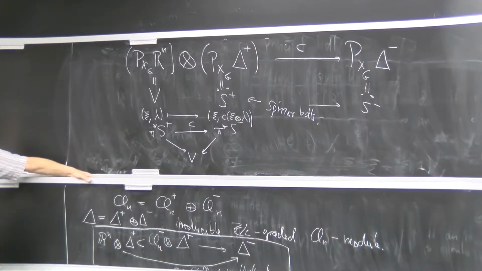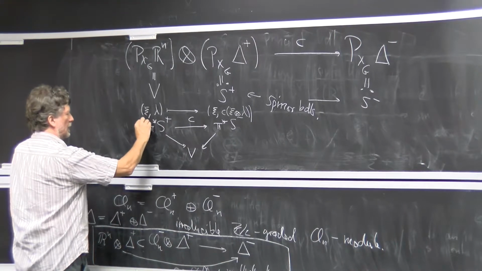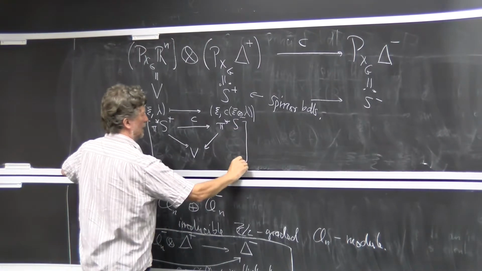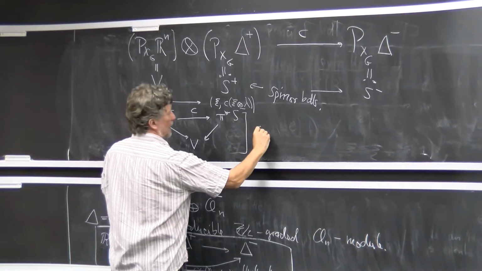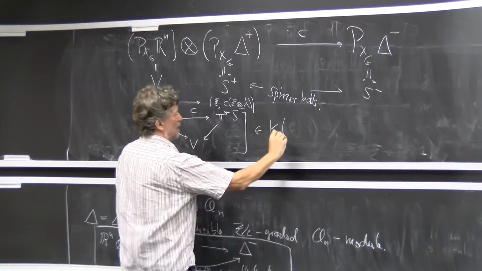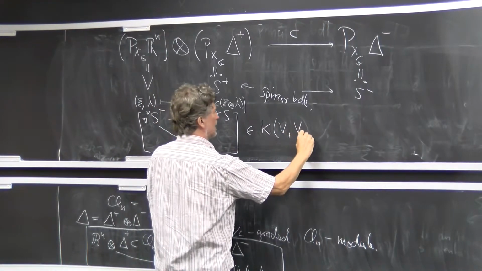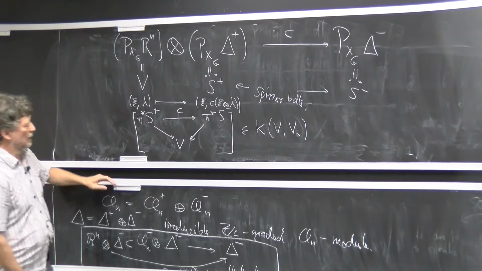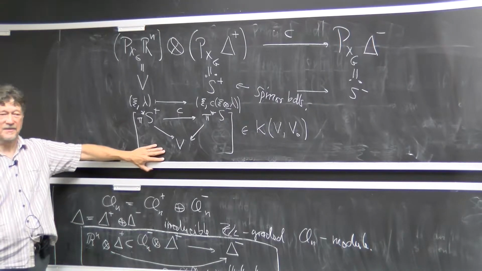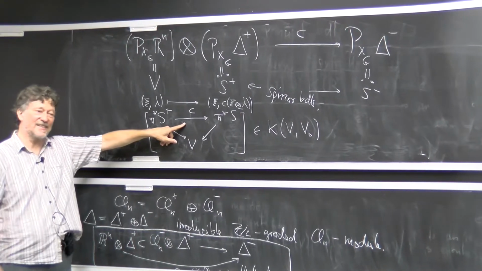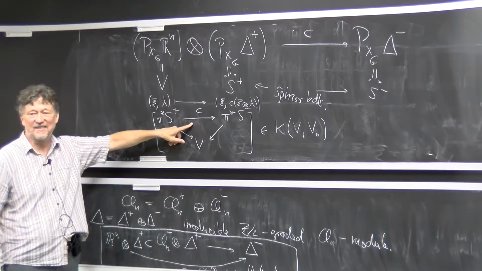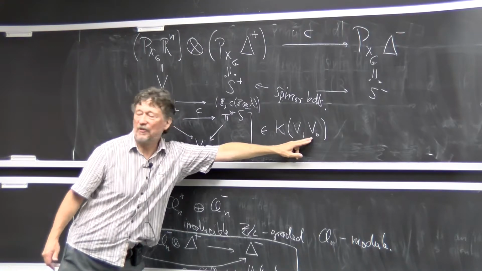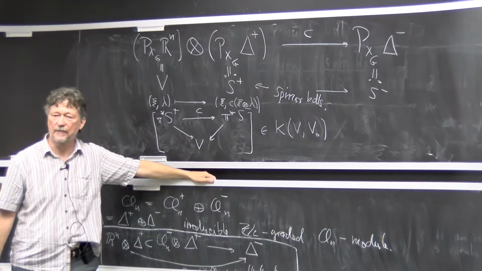And then this one here is an element in the relative K-theory of V, V0, since the Clifford multiplication was an isomorphism whenever psi is non-zero. So it's an isomorphism away from the zero section.